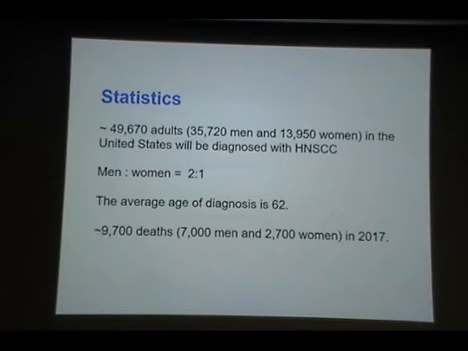The average age of diagnosis is about 60 years old, so being over 60 is kind of a risk. And every year we will have about 10,000 deaths in the United States. This has been constant for several years. It hasn't improved.